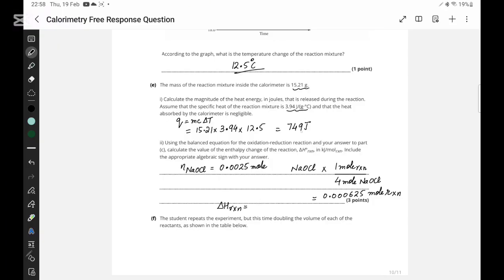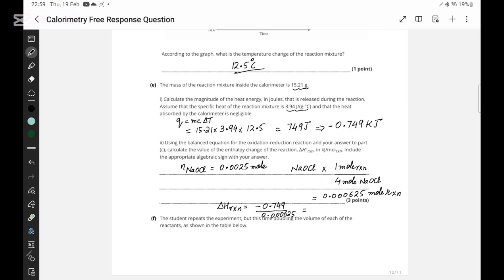Then we have to find out the enthalpy of the reaction. This is 749 joules, and as we know we have to convert it into kilojoules, that is 0.749 kilojoules. And one thing here, we are going to put a minus sign because it is exothermic, so minus 0.749 divided by 0.000625.